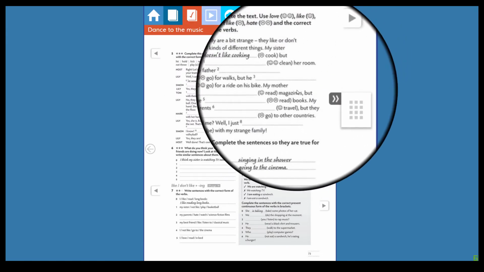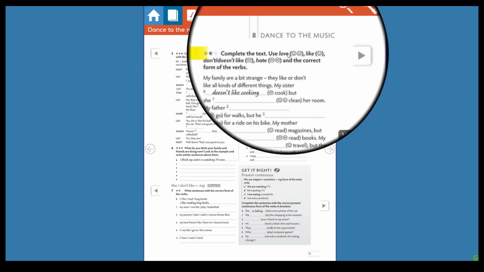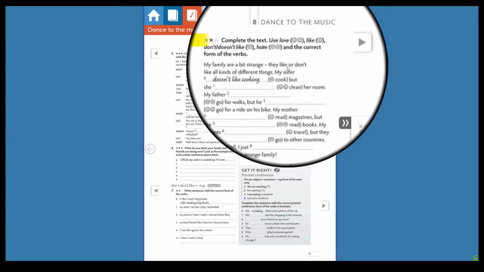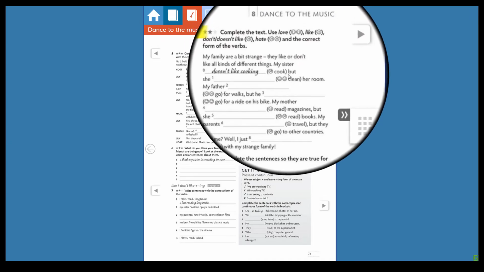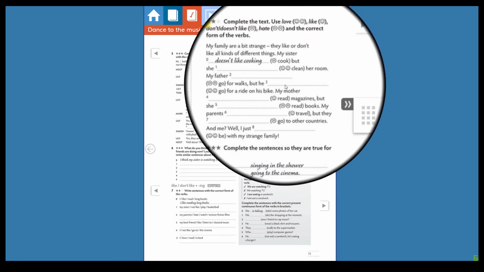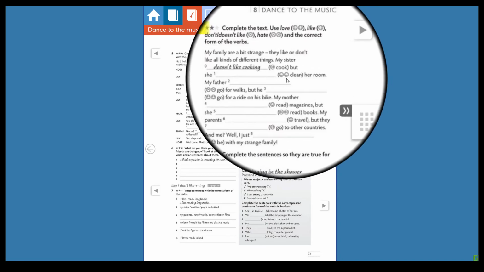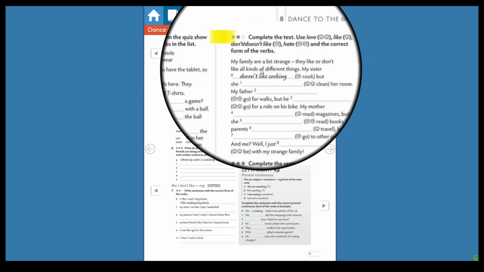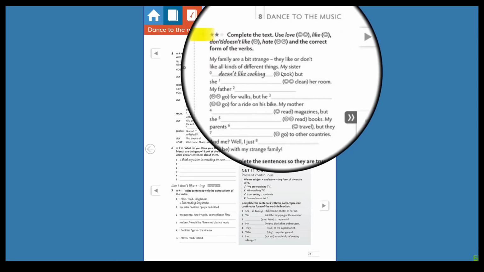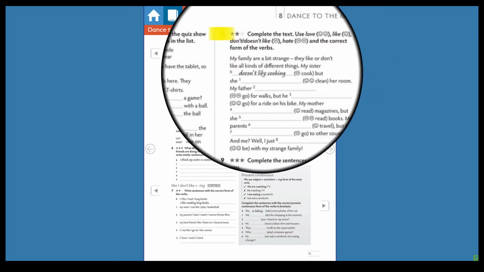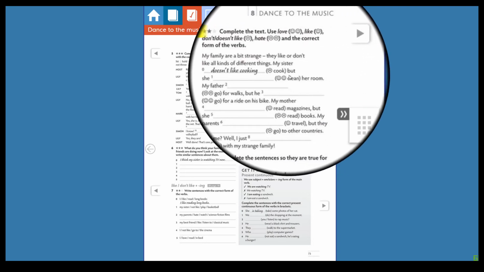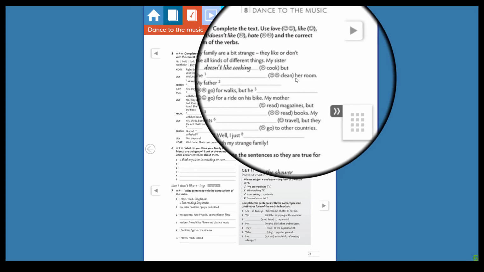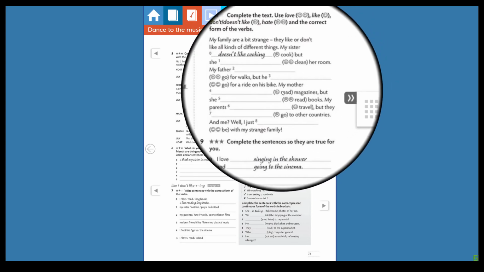Lo que tienen que hacer es completar el texto, chiquillos, utilizando el verbo para expresar nuestro gusto correcto por las caritas y el verbo entre paréntesis conjugado correctamente con el ing. For example, my family are a bit strange. They like or don't like all kind of different things. My sister doesn't like cooking, but she, and then you have to complete with the two happy faces and the verb with the ing form.